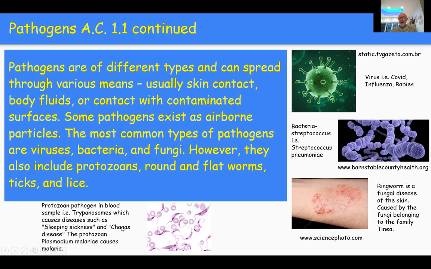There are other protozoans that cause a South American disease known as Chagas disease, and of course the protozoan Plasmodium malariae, which causes malaria. And there are lots of different amoebas in that family of Plasmodium, as we'll see, that can cause malaria to varying degrees.